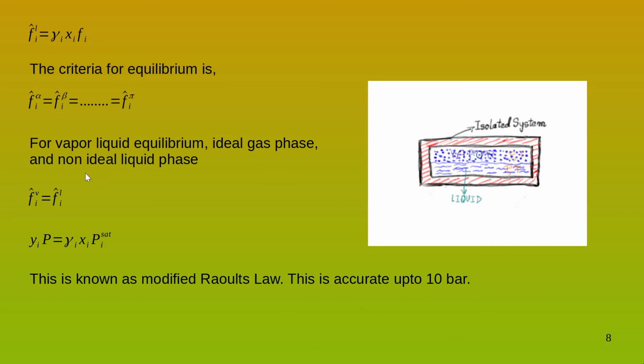It does not really introduce a lot of error. The only thing here is one should know how to calculate gamma i. Now, this will be a subject matter in future courses of lectures. For now, this is the end of this lecture. Hope you have understood what is activity coefficient.